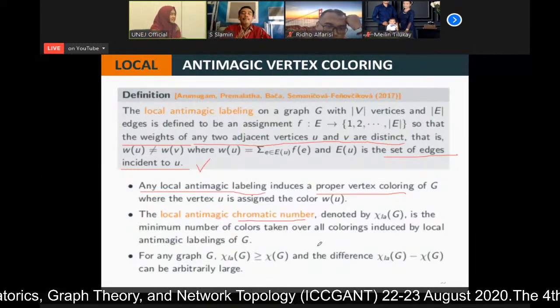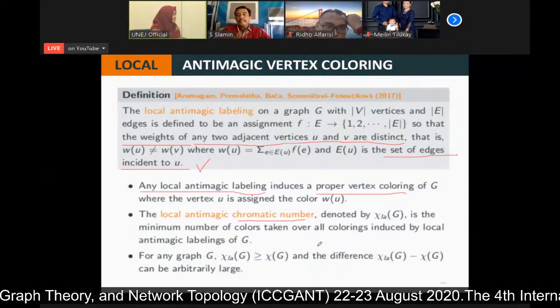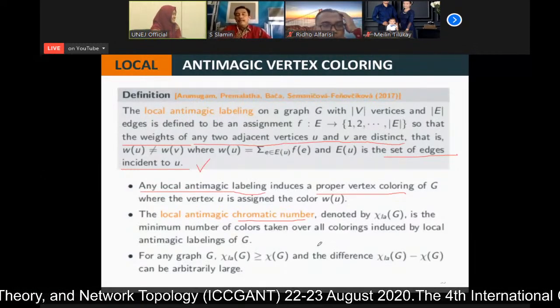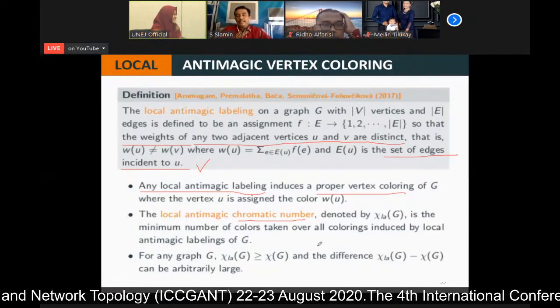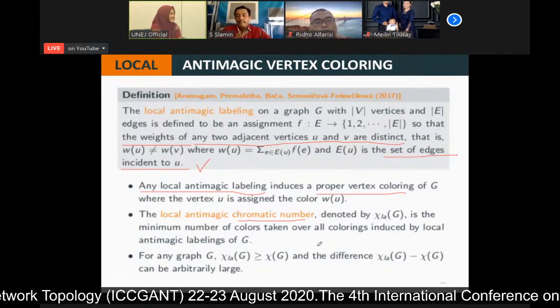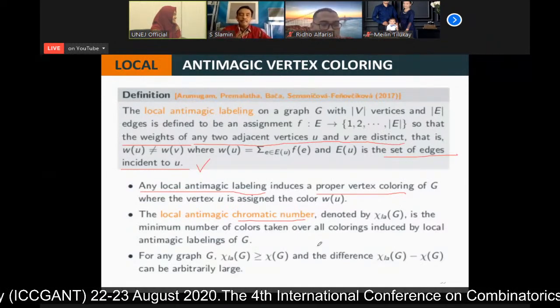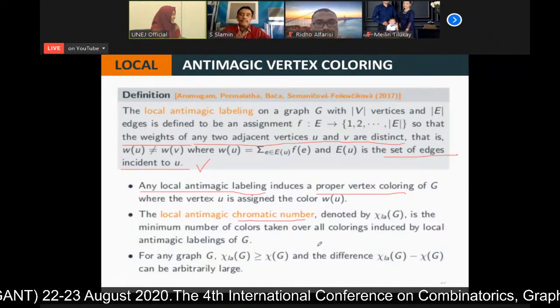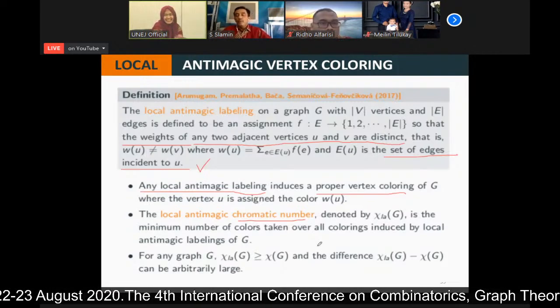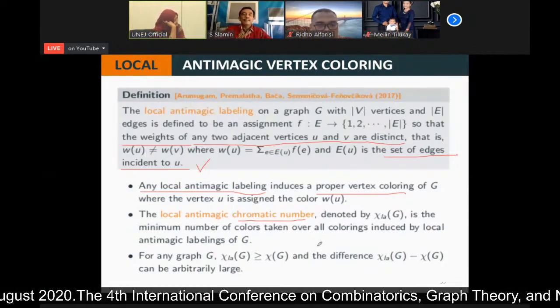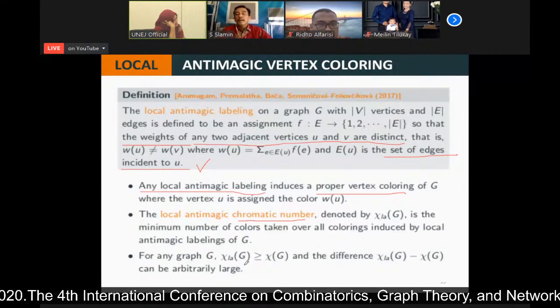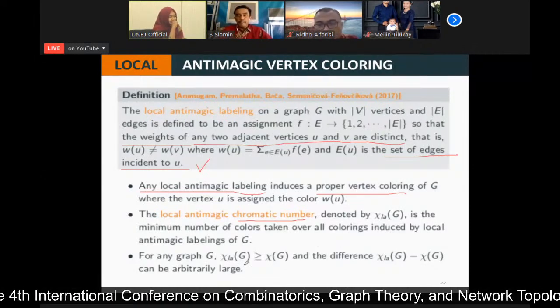But you can see that the difference between chi-LA of G minus chi of G can be arbitrarily large. Sometimes it is equal to 0, but sometimes it is a large number. It depends on the family of graph.